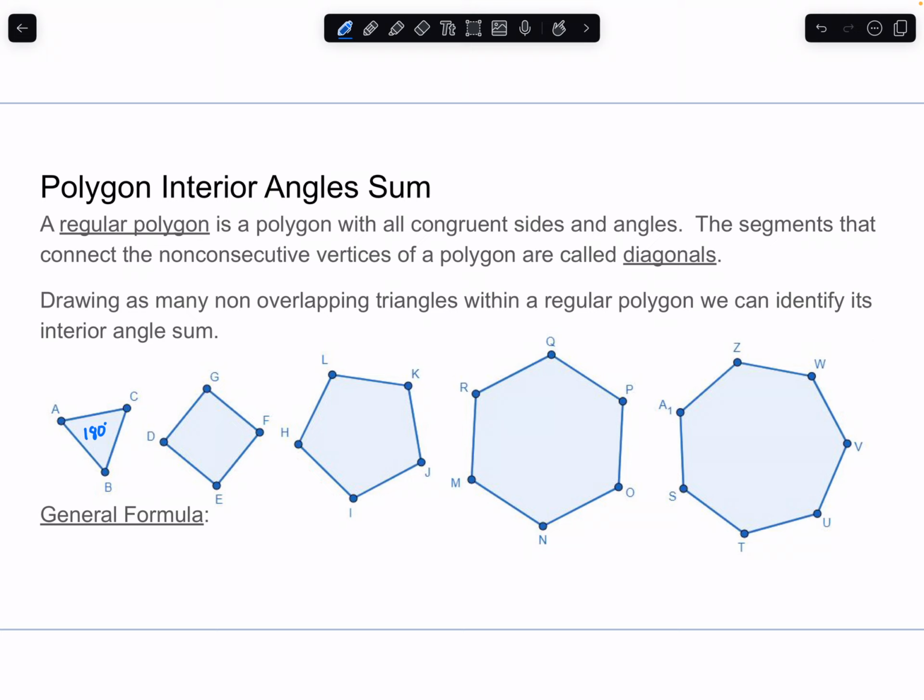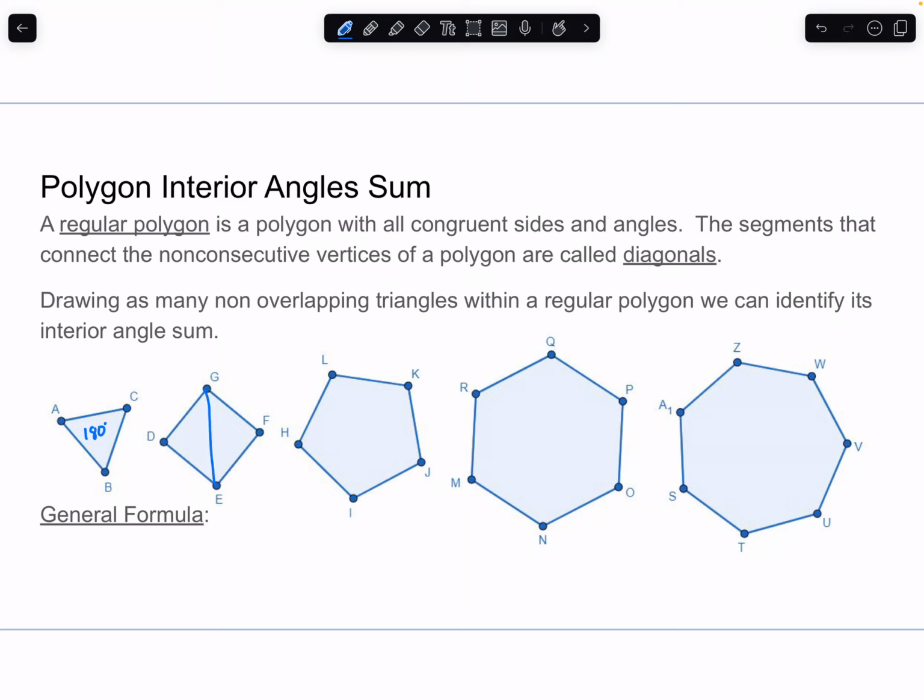So here's an example. We have a square or a quadrilateral. I'm going to connect opposite points, or non-consecutive points, and I'm going to form triangles. In this version, I'm only able to create two triangles. The triangles could be the way that I have them here, or I can construct them with a vertical line.